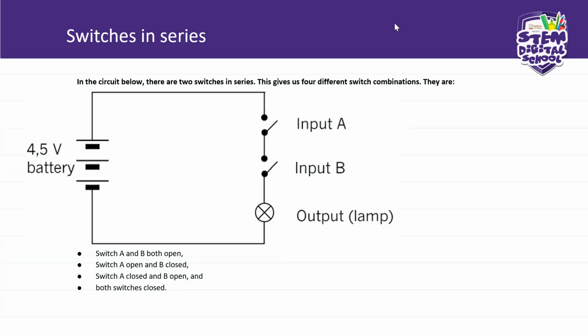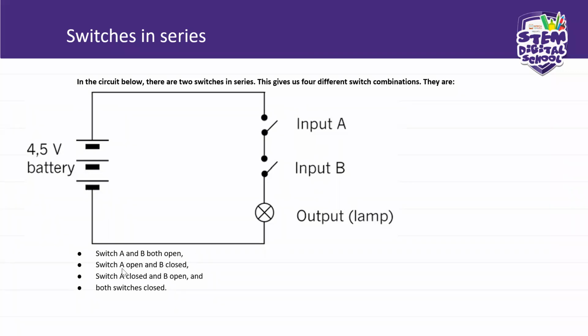Grade 9, will the light be on when these 2 switches are open? No. So what is the value? Do we attach the value of 1 or 0? The output is 0.